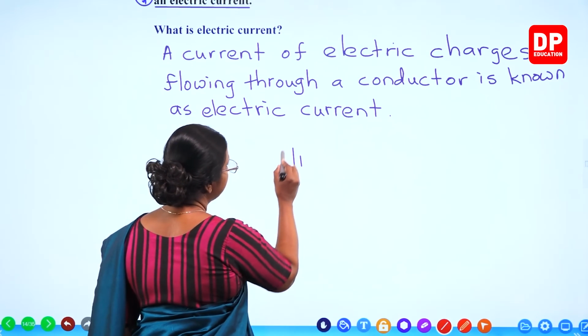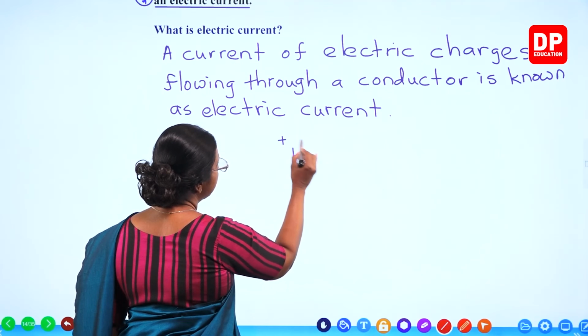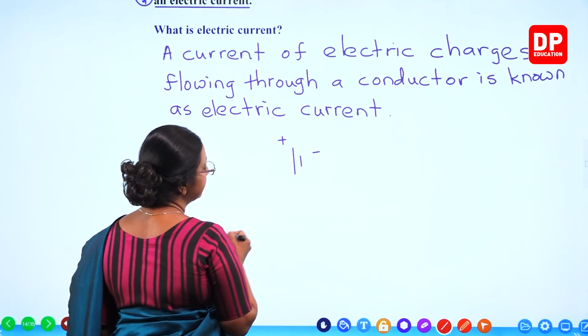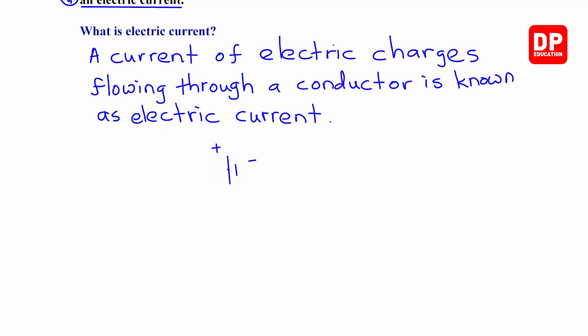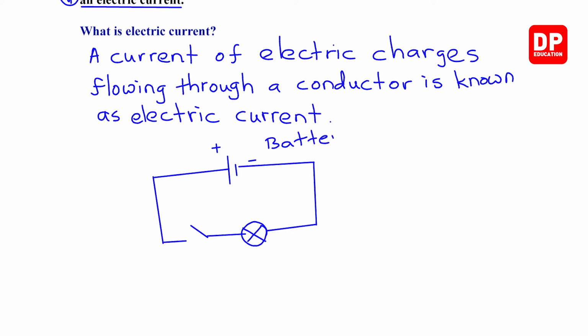Here you can remember this is the positive charge terminal and that is the negative terminal. We connect this using conducting wires, and there you can have a switch, and also a bulb connected there.